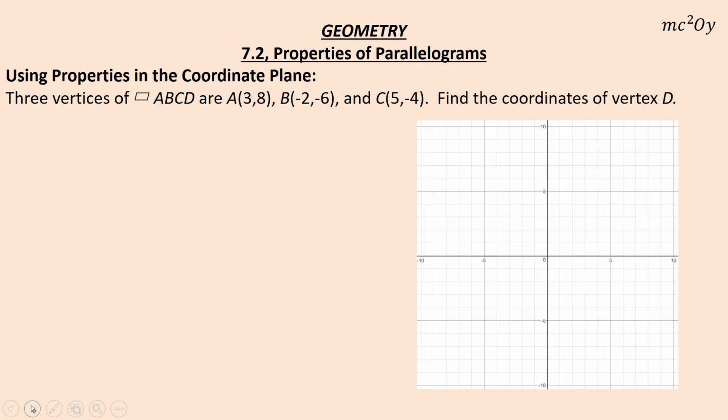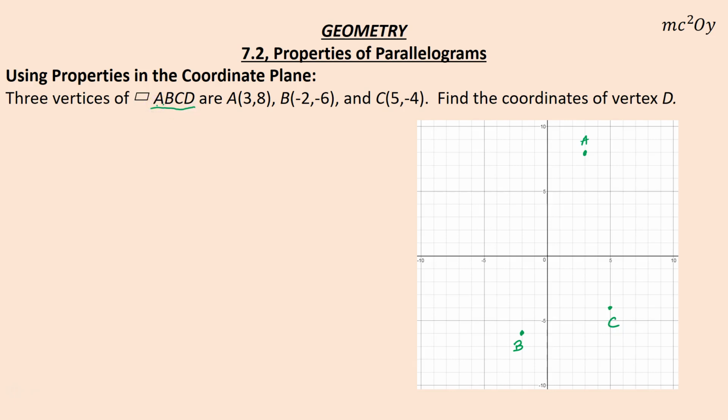Three vertices of parallelogram ABCD are A(3, 8), B(-2, -6), and C(5, -4). Find the coordinates of D. Well, one of the important things is you connect the dots in the order they're given.